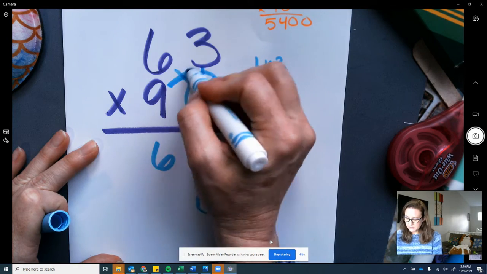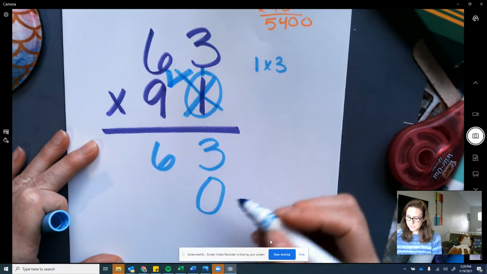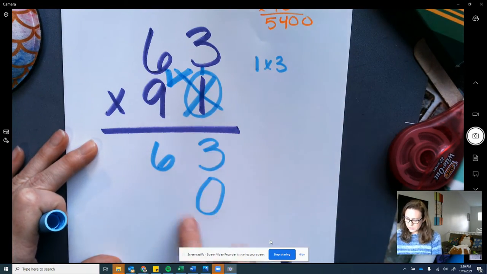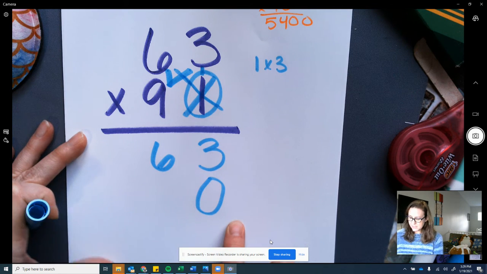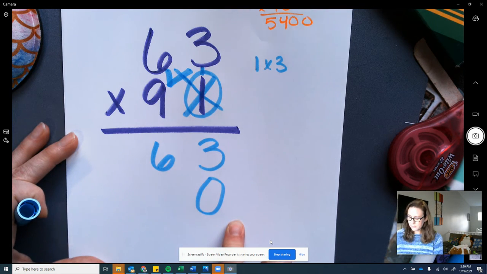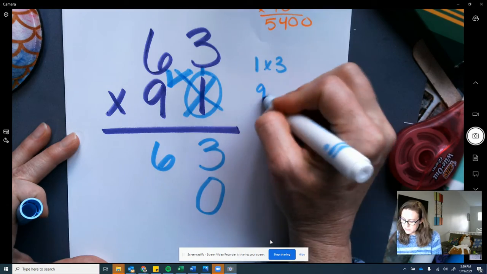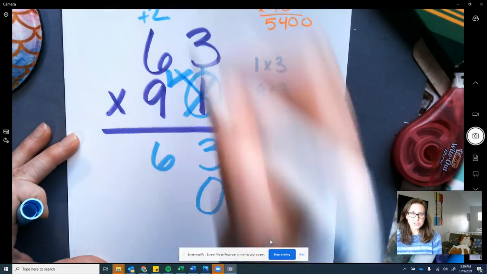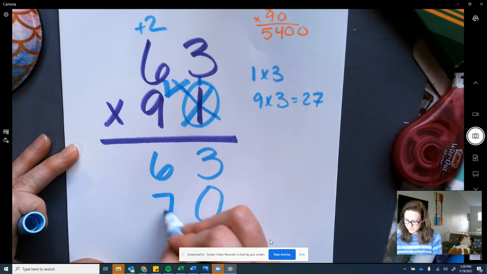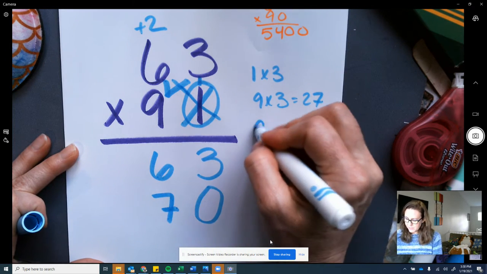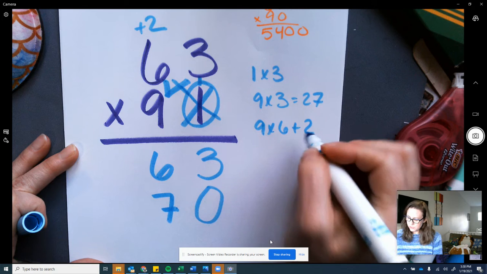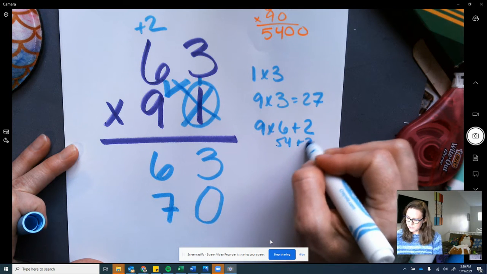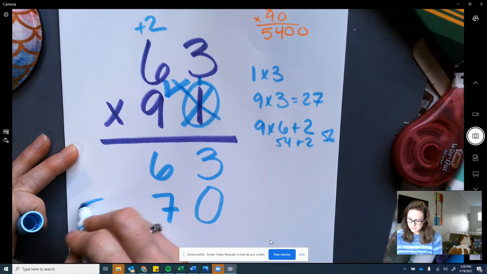We've got first, second. So go ahead and figure out what our next number is down here. All right, 9 times 3 is our next step, which is 27. We do have to carry our 2 there, and our 7 goes there. Now we have 9 times 6 plus 2, so 54 plus 2 is 56.